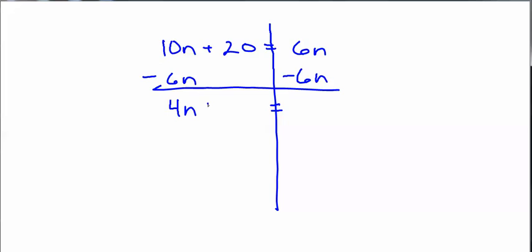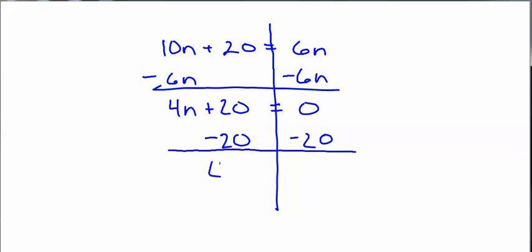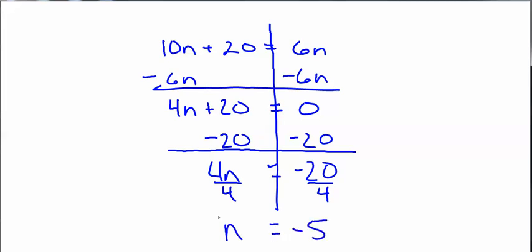I bring down my plus 20. 6n minus 6n is 0. See how that won't happen? If you keep your equal sign in line, you won't make that mistake. Then you can subtract 20, and 4n would equal negative 20. Then divide by 4, and n would equal negative 5. Just don't let your equal sign start jumping all over the place, I guess is what I'm trying to say.